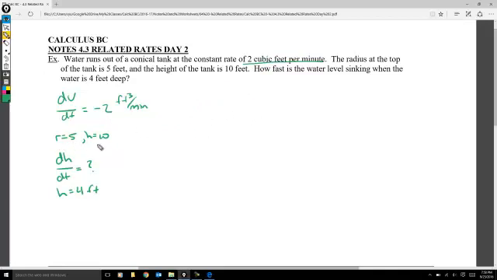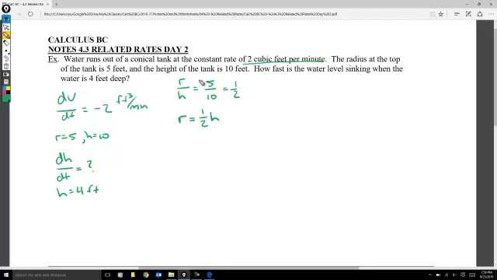This is very important here. I know that the overall size of my whole tank has a radius of 5 and a height of 10. What that tells me is that my radius to height ratio is 1/2, meaning that my radius is always going to be 1/2 of my height.